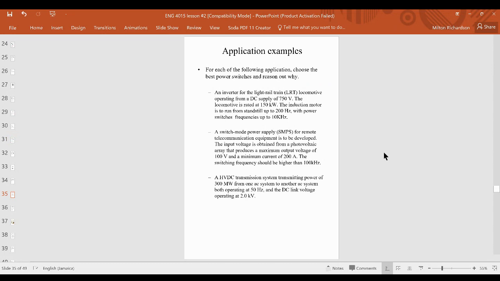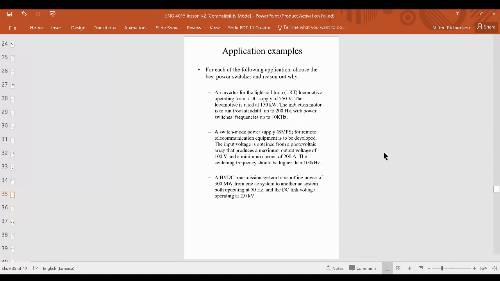So based on these specifications, you're able to select the appropriate power semiconductor device for a given scenario.